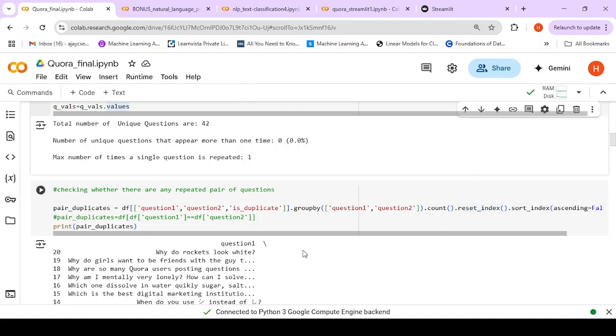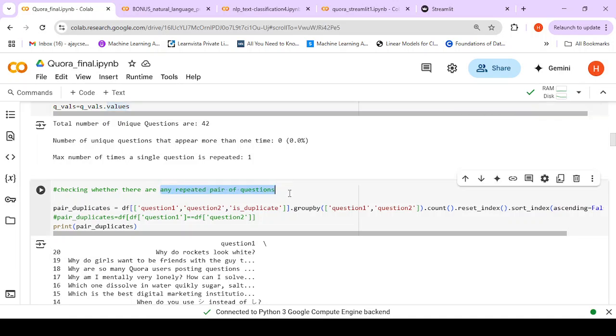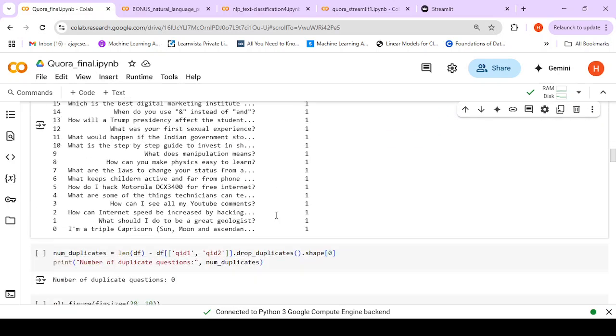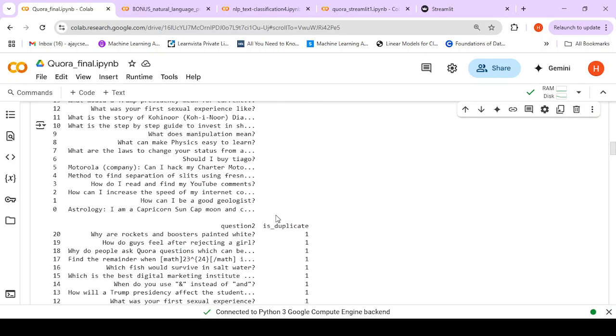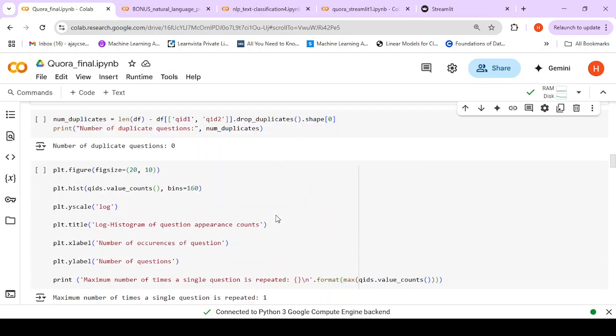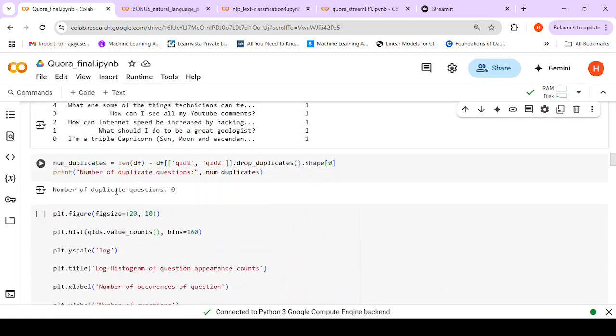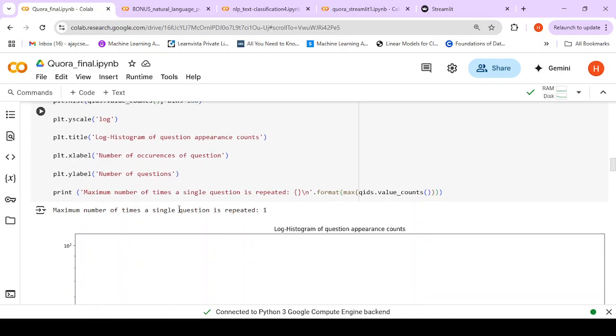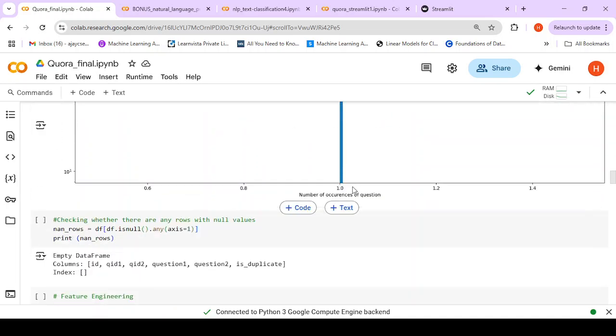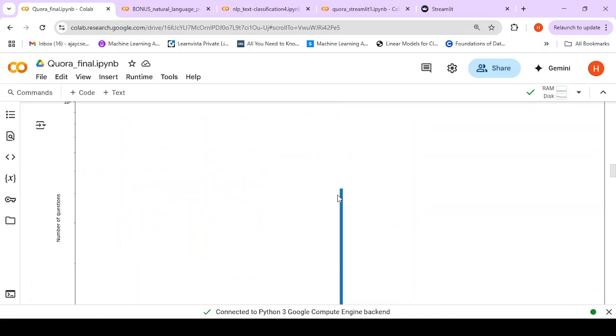If there are any repeated pairs of questions, I am eliminating them. In our case, there were no duplicate questions. The number of occurrences of each question was just 1.